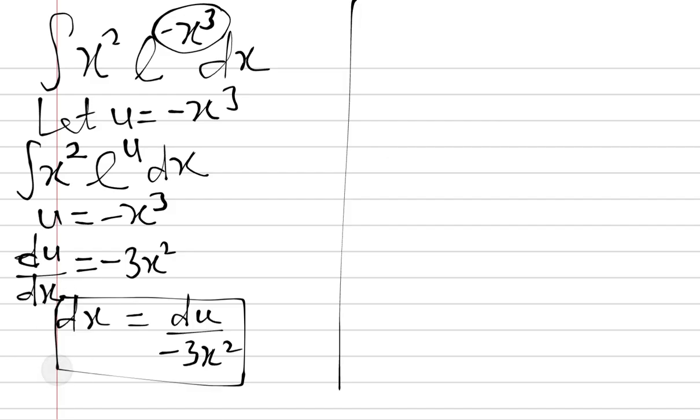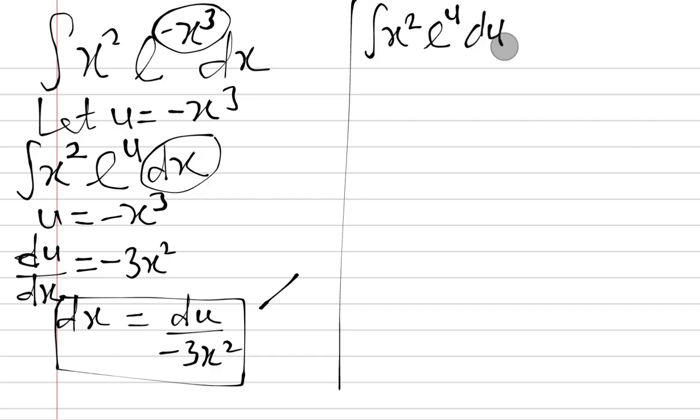So now our integral will become integral of x squared exponential u. Instead of writing dx, I'll now write this, which is du over minus 3x squared. You can see x squared will cancel x squared here.